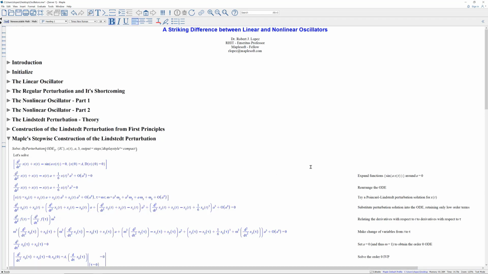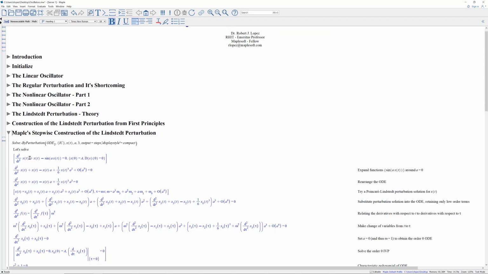But I think I'm going to ignore most of these comments. I'm just going to go through some of these steps. Here's a differential equation. Here's the initial data. This is the derivative condition equals 0.